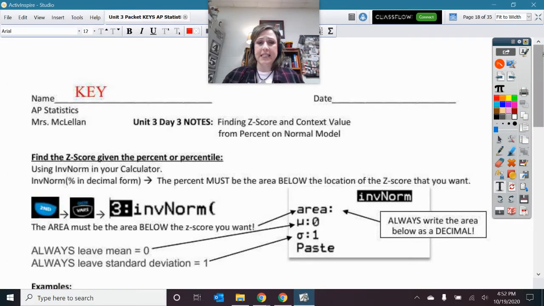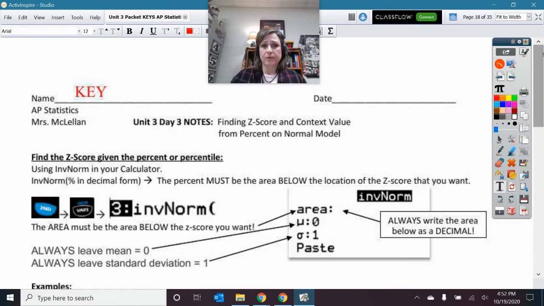All right, let's go on to our next step in our normal model information. So we know how the normal model basically works. That was our first lesson. Then yesterday we did percentages and percentiles, so finding those areas.